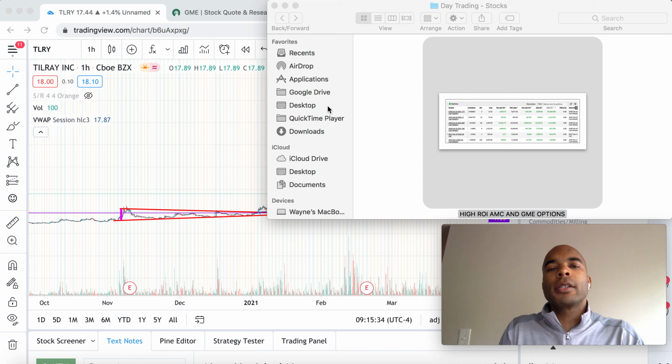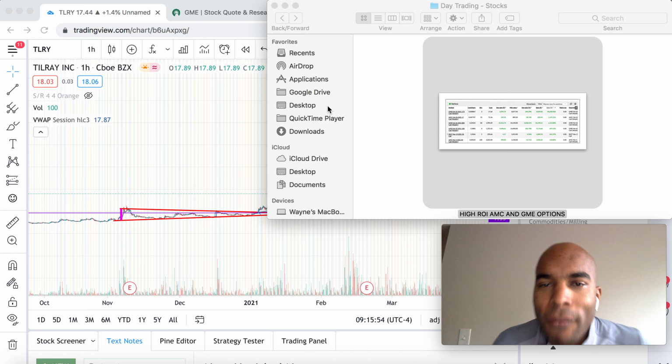I'm doing that because when this thing rips, if AMC goes from $9 to $100 within a week, those options that week are gonna look so chunky, it's not even funny.